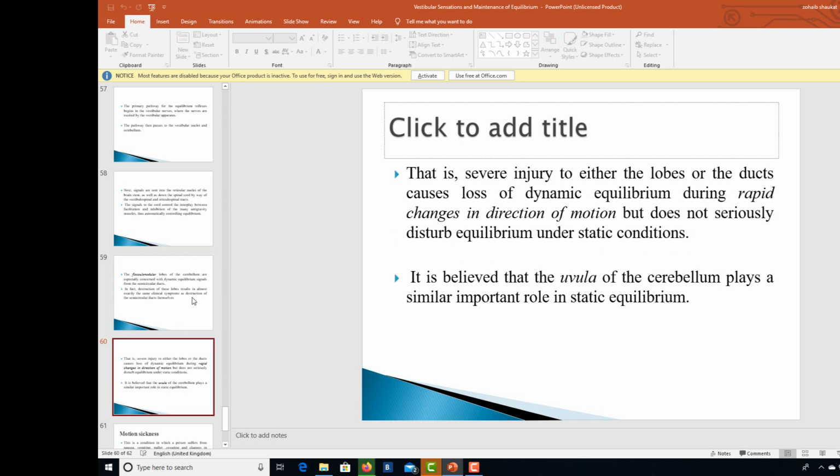That is, severe injury to either the lobes or the ducts causes loss of dynamic equilibrium during rapid changes in direction of motion, but does not seriously disturb equilibrium under static conditions. It is believed that the uvula of the cerebellum plays a similar important role in static equilibrium.